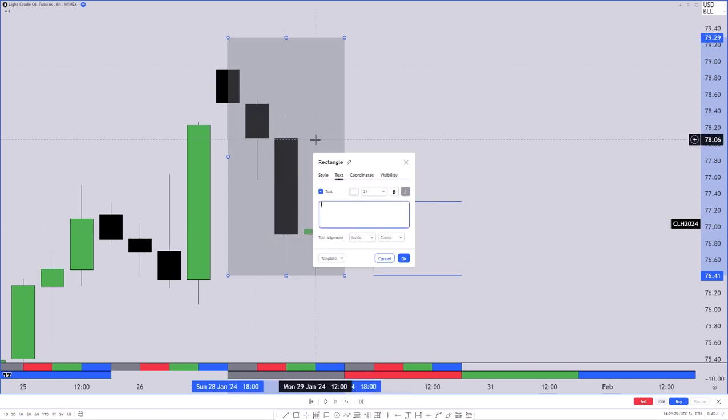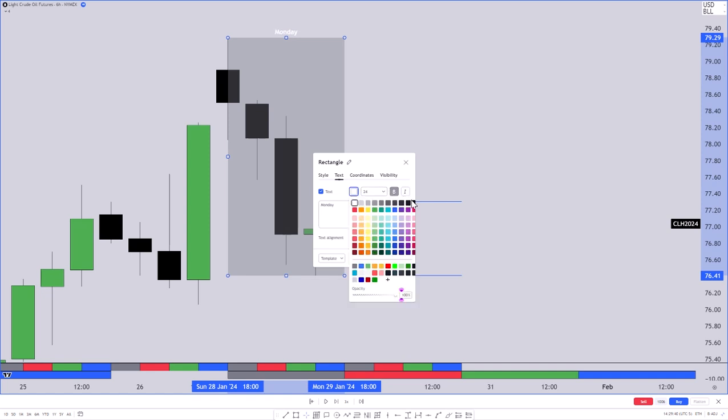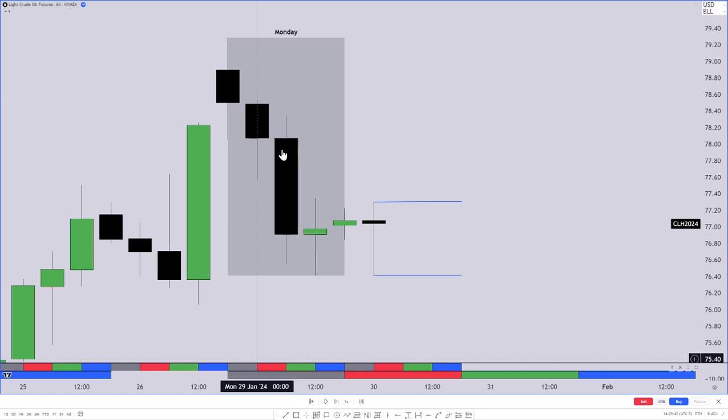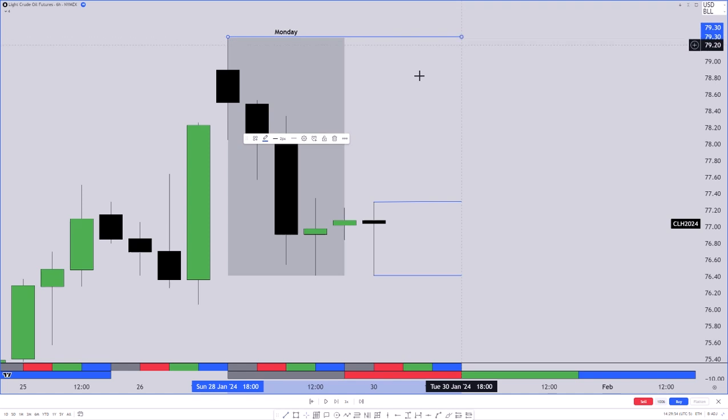So this is spelling Monday wrong. Monday. Then we can place this at the top like this, right? So for us to have an intra-session bias, right, we need price to sweep either the previous higher time frame quarter high, right, or its quarter low.